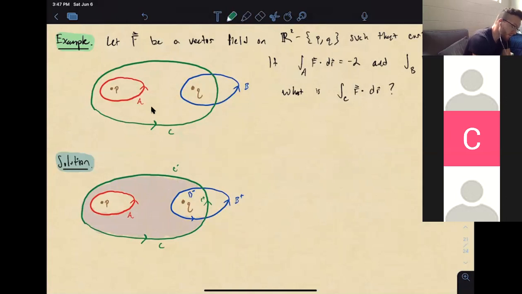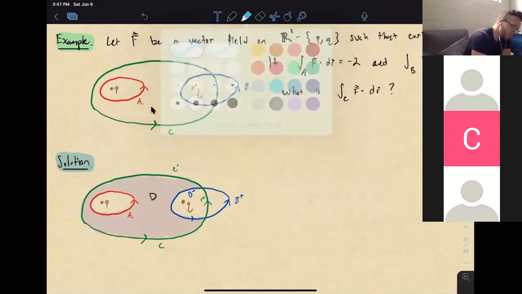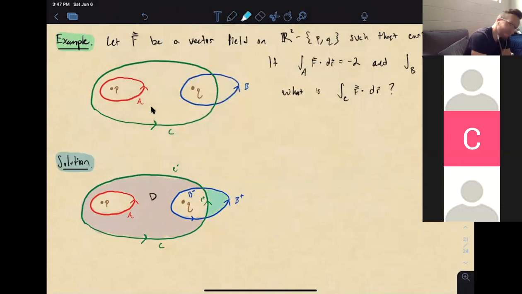Let me call that D. Kind of looks like a P. And then the other region, maybe in blue, is going to be this.